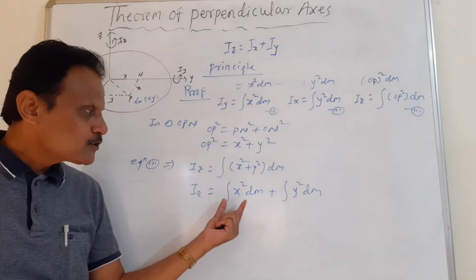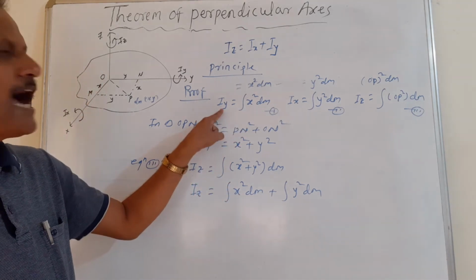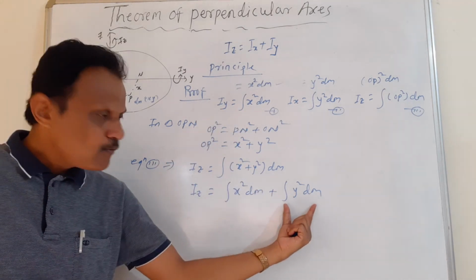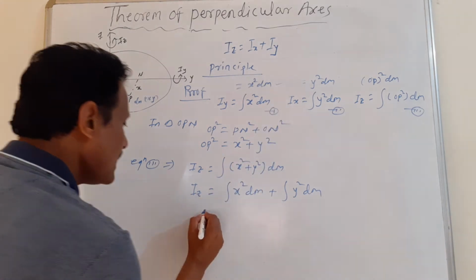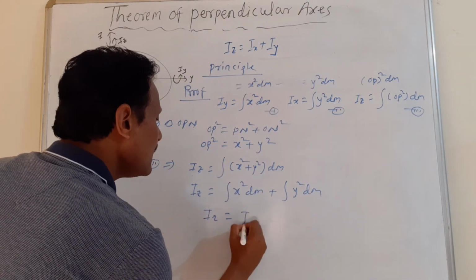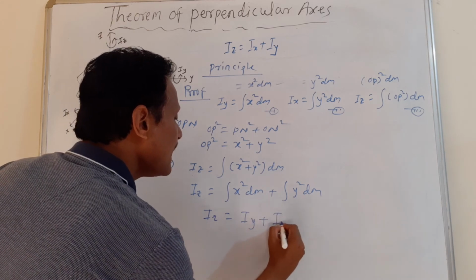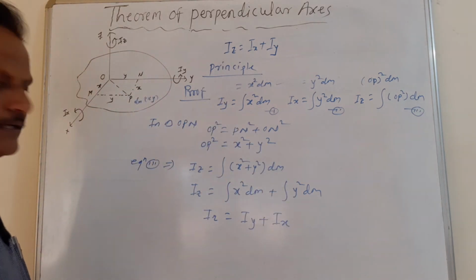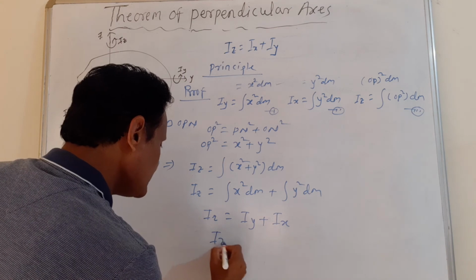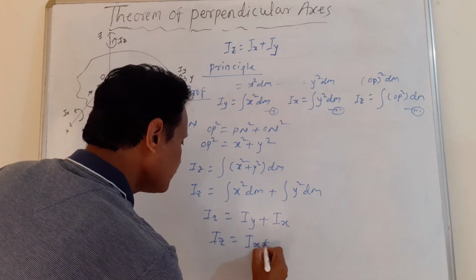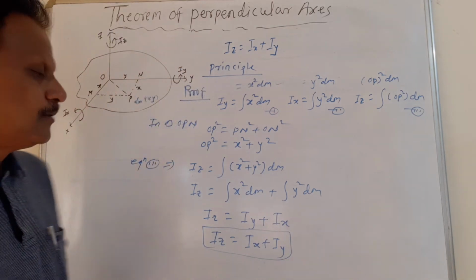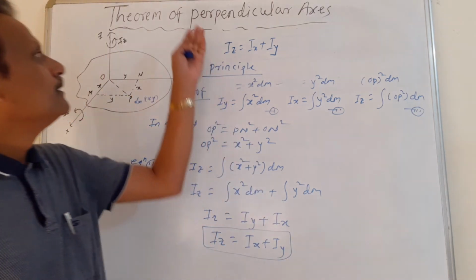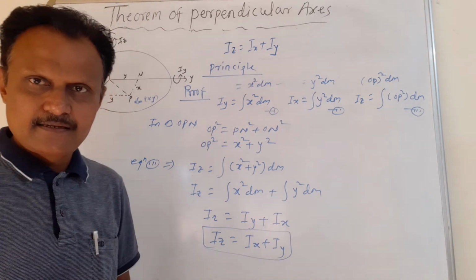But integration of x square dm is Iy. Integration of y square dm is Ix. So now Iz equal to Iy plus Ix. So therefore Iz equal to Ix plus Iy. Now this is the proof of the perpendicular axis.